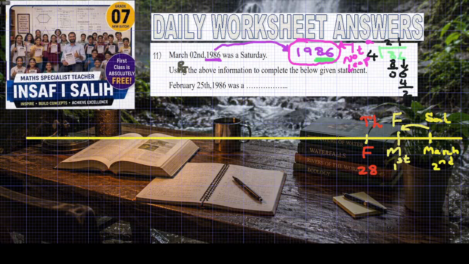So then comes the day prior to February 28, which is February 27. That's a Wednesday. Then comes February 26th. That's a Tuesday. Then comes what we require, February 25th.